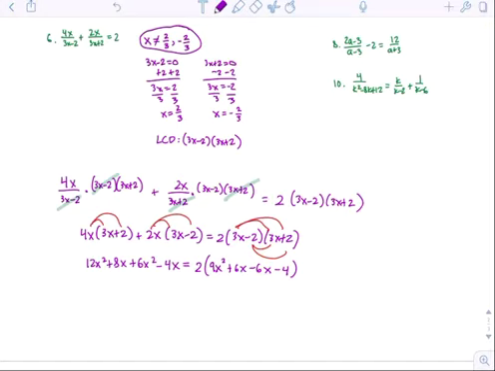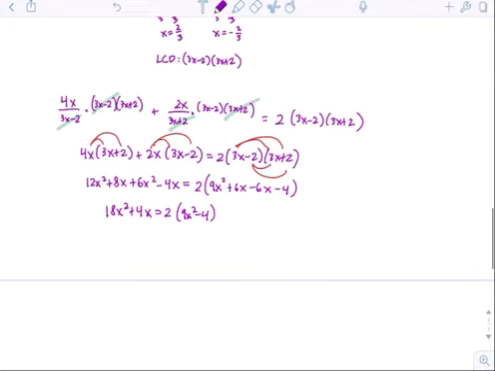So let's collect like terms. We're going to get 18x squared plus 4x is equal to 2 times 9x squared minus 4, which is 18x squared minus 8.